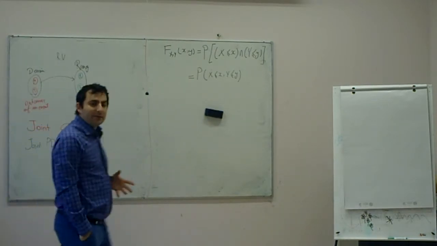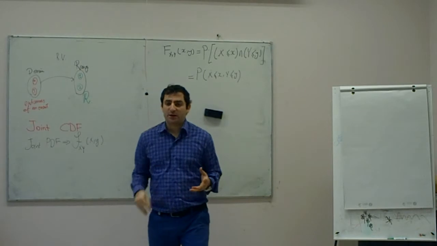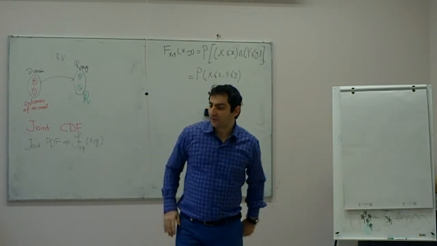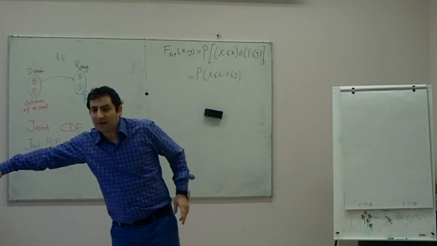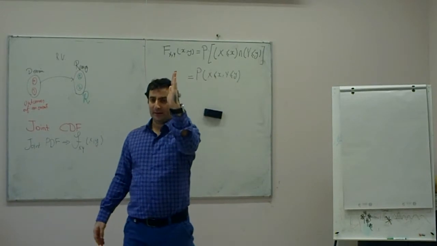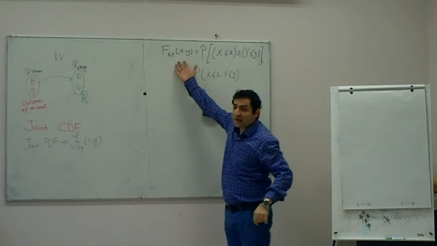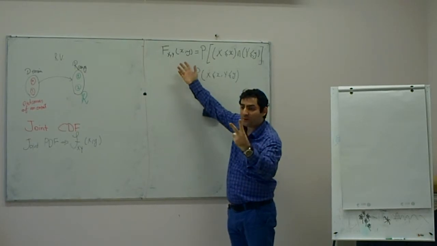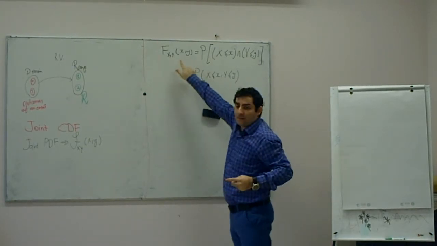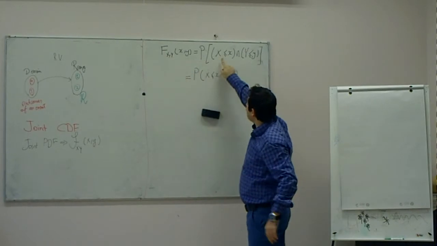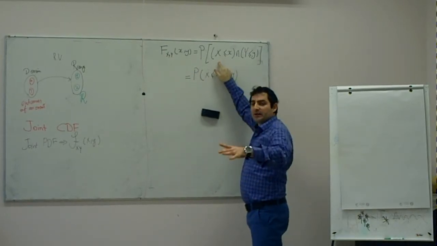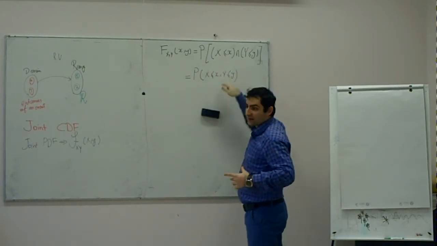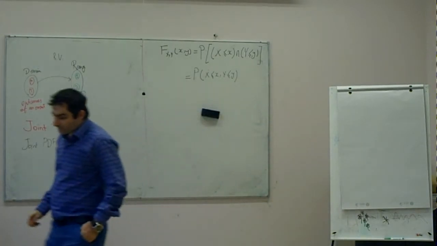If you remember, the cumulative distribution function was the addition of the probabilities from minus infinity to a given point. So here we do the same thing, but instead of one random variable, we have two random variables. So f of x and y is the probability where we put the condition for x and also the condition for y.